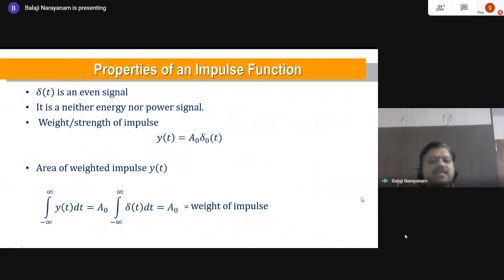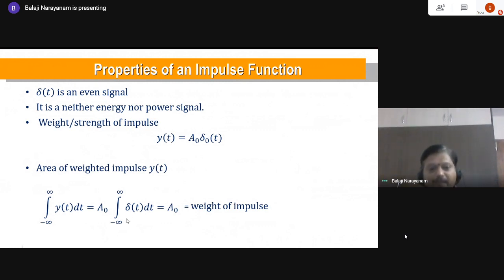Another important property is the weight or strength of an impulse. Suppose an impulse function is multiplied by an amplitude a naught. Then we can find the area of the weighted impulse y of t by taking the integral from minus infinity to infinity of y of t dt, and substituting a naught delta of t in place of y of t, which results in a naught. Why do we get a naught?